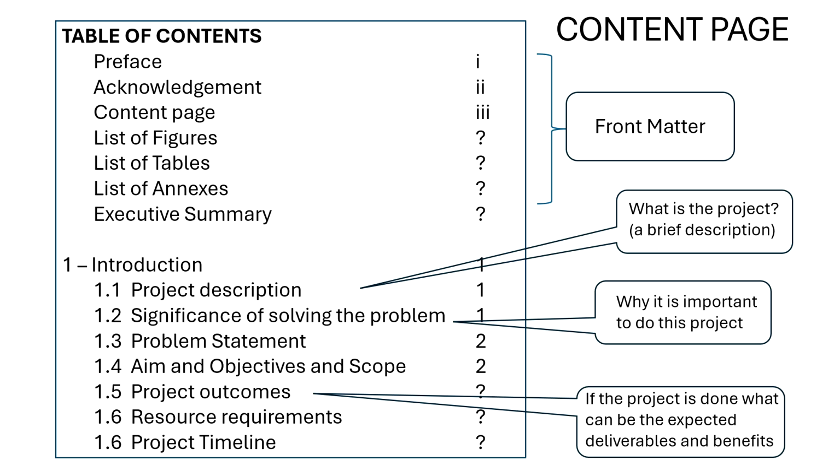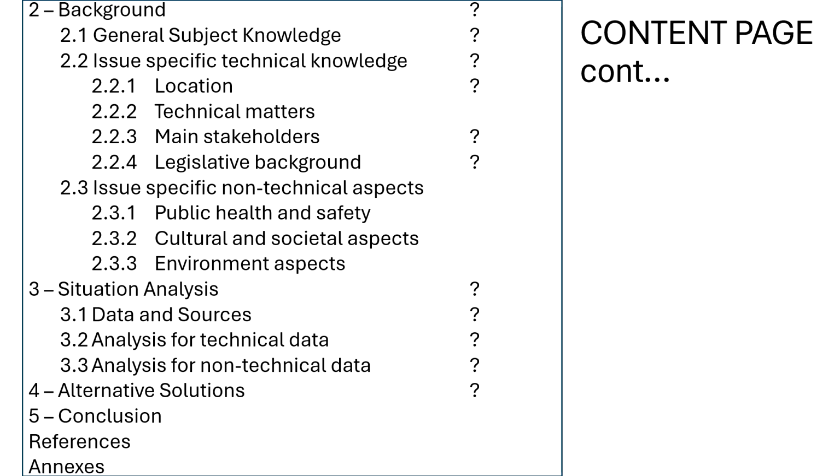So let me go to the next part, chapter 2. In chapter 2, we write the background. The background can also be divided into 3 parts. If you have selected a problem related to roads, you need to find knowledge with reference to soil, highway, road engineering, whatever.